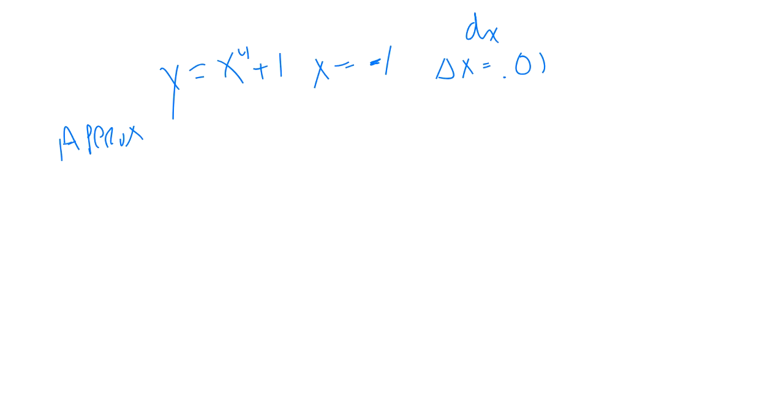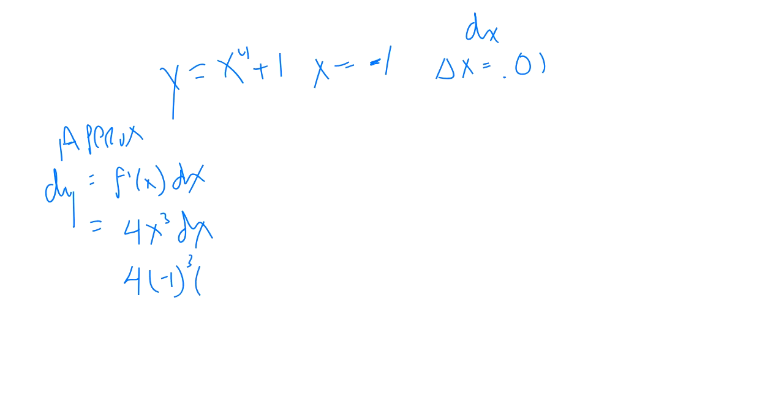Approximate dy is equal to f prime of x dx. Take the derivative times dx. The derivative is 4x cubed dx. 4 times negative 1 cubed times 0.01. That ends up being negative 0.04. I'm done. I have the approximate value of dy.